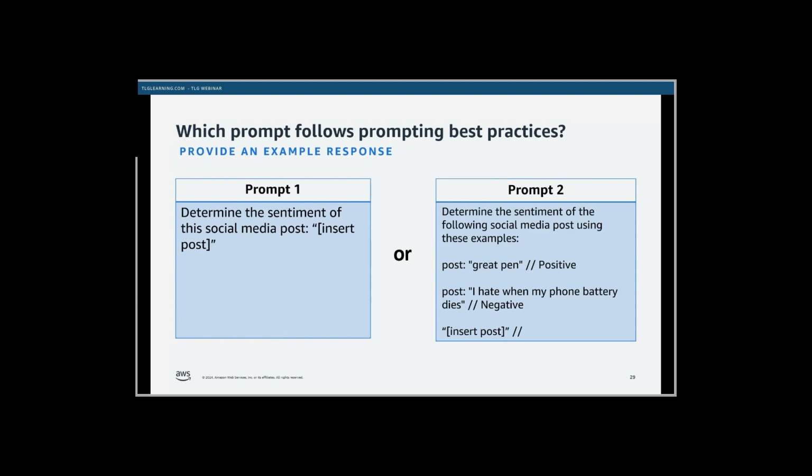Another of our best practices, which demonstrates providing example response. You have your answer. If you chose prompt number two, then yes, we're providing examples.